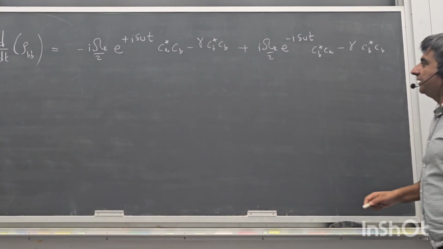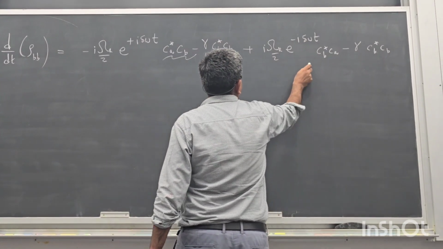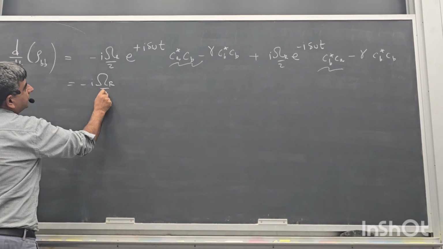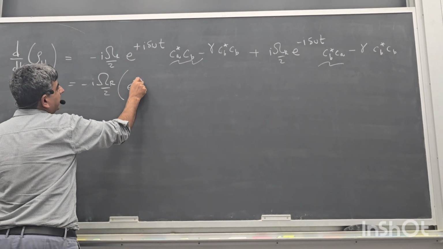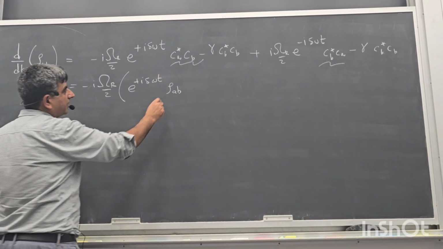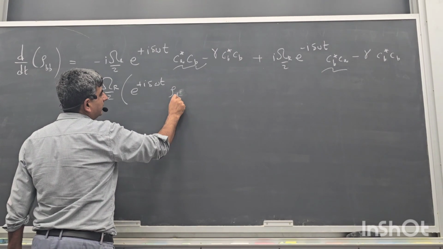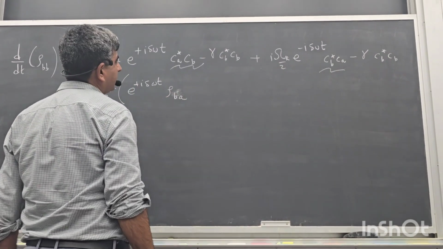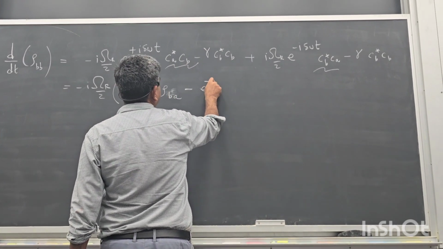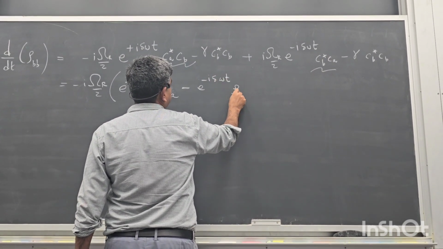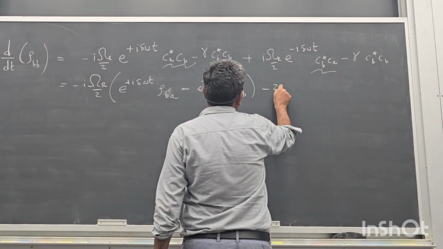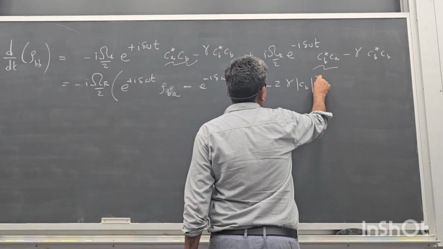Now this term and this term, I combine these terms, I get minus I Rabi frequency over 2, e to the plus I delta omega t, this is rho AB star, which is rho BA, minus, this is Ca Cb star, so it is e to the minus I delta omega t rho AB, minus 2 times gamma Cb mod square, which is rho BB.